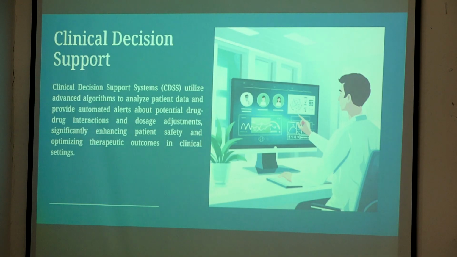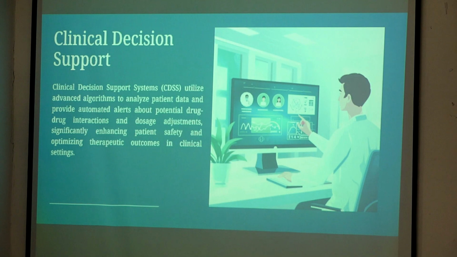And clinical decision support. CDSS utilize advanced algorithms to analyze patient data and provide automated alerts about potential drug-drug interactions and dosage adjustments, significantly enhancing patient safety and optimizing therapeutic outcomes in clinical settings. In this case, some sort of chip or strips may be placed.